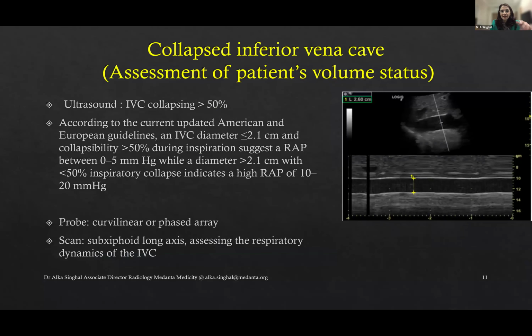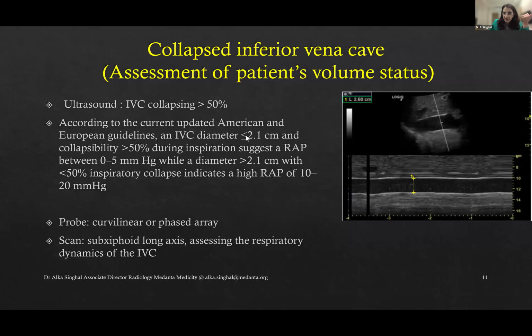Now, the second that they said was acute collapsed inferior vena cava in acute hypotension and shock. So we are used to looking at the aorta. Are we looking at the IVC? We can look at the diameter in inspiration and expiration and see the difference in the diameter. So the IVC is collapsing when there's more than 50% difference in the diameter between inspiration and expiration.